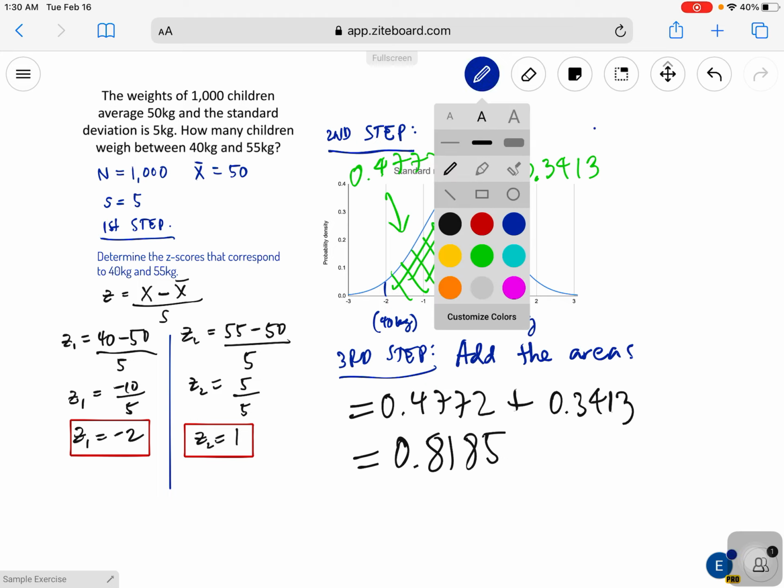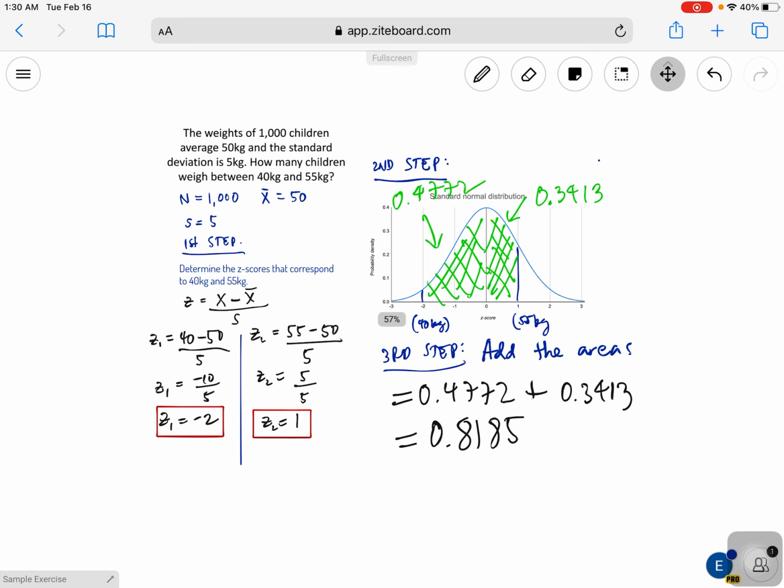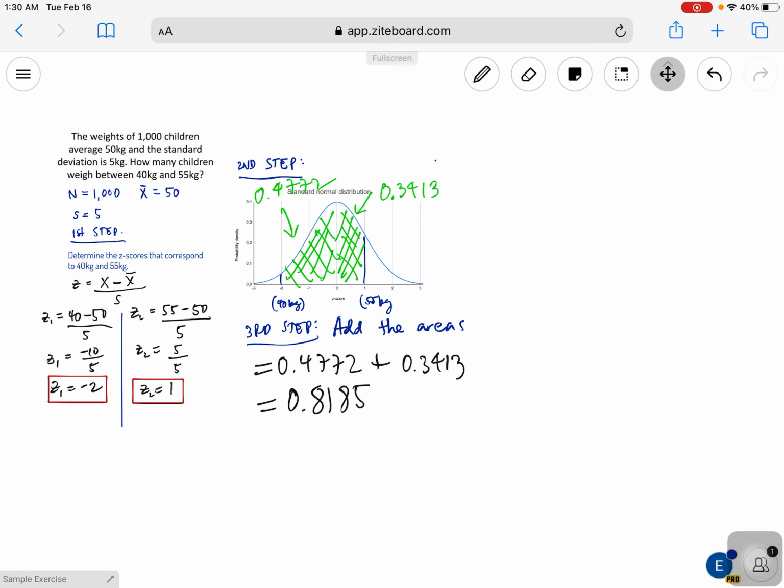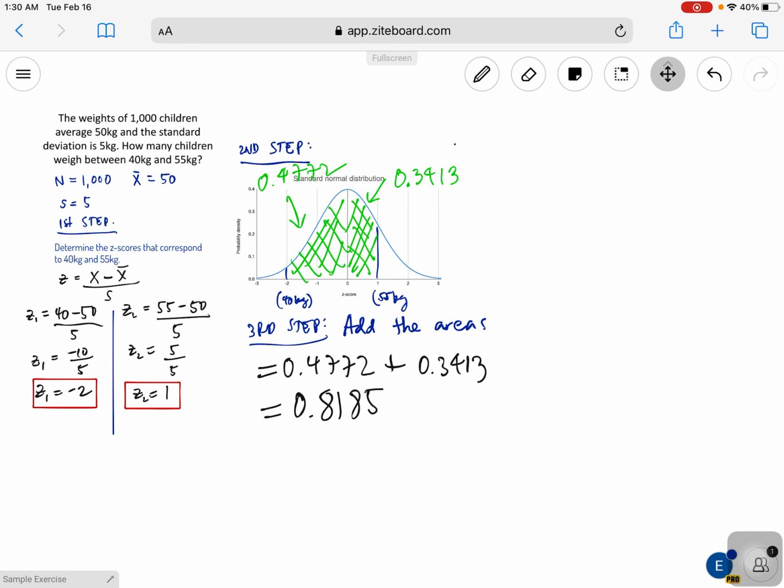And our fourth and final step is to multiply the area to the total number of children whose weights were taken, to determine how many children would weigh between 40 kilograms and 55 kilograms.